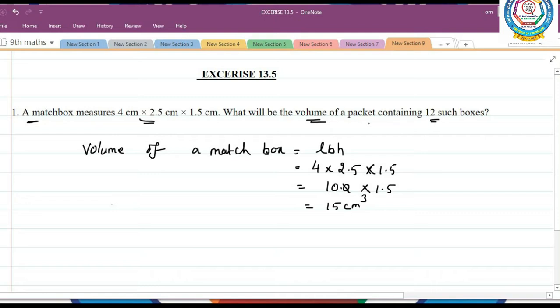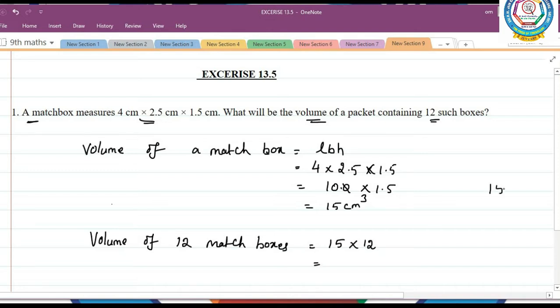But the question asks the volume of 12 such boxes. So we have to find out the volume of 12 matchboxes. The volume of one matchbox we got is 15. Here they ask 12, so we have to multiply by 12.